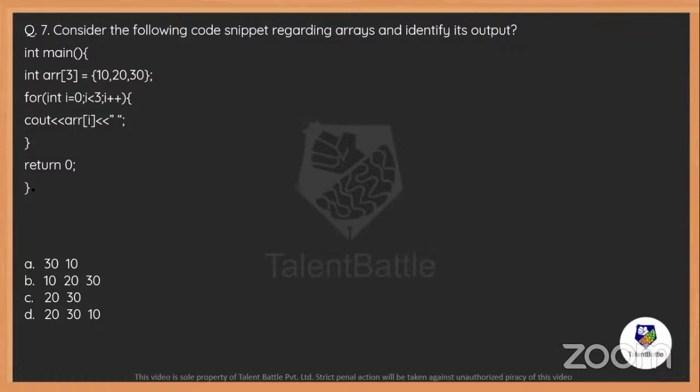According to the code snippet, they have declared an array of size 3, where the elements are 10, 20, and 30. The index positions start from 0, 1, and 2. Now, the for loop is initialized with i equals 0, i less than 3, and i plus plus, a normal forward for loop.